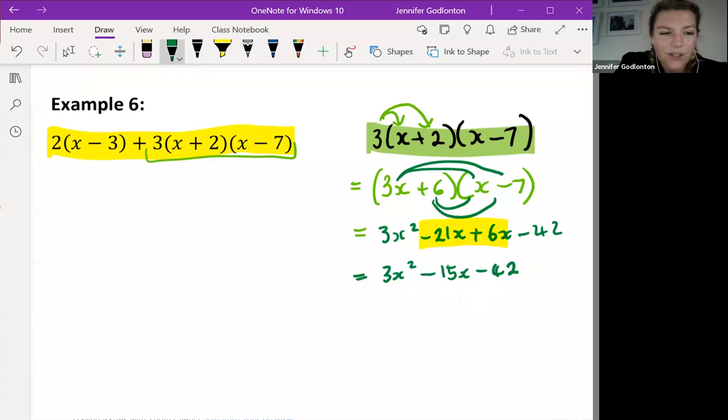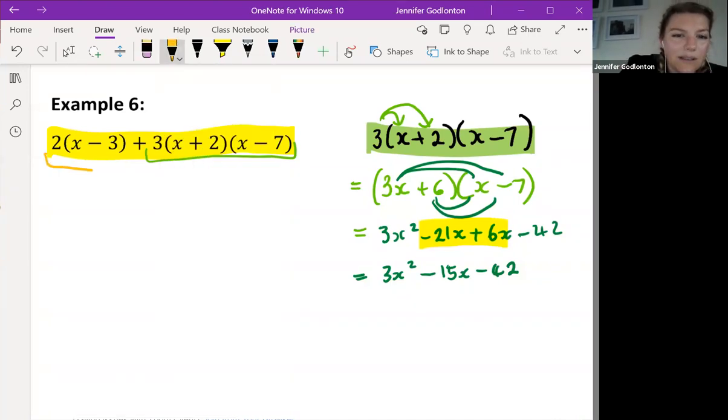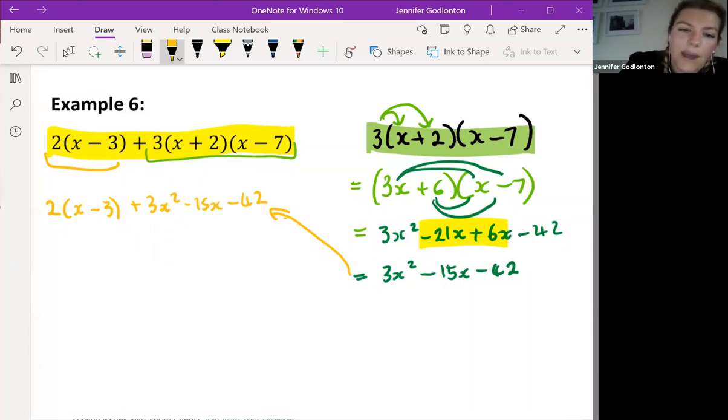Now the yellow version is exactly the same as that, except that I'm keeping this first. So I've got this 2x minus 3. And then you would have done all of this hard work to land up with that over there. So I would have plus 3x squared minus 15x minus 42. Okay. So now I'm going to distribute this 2 into both.